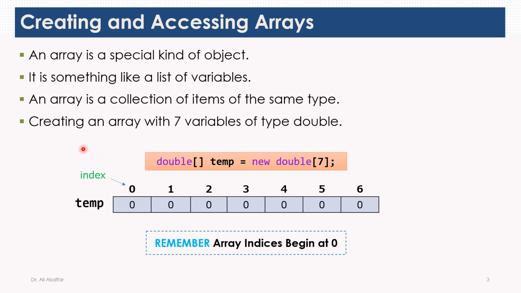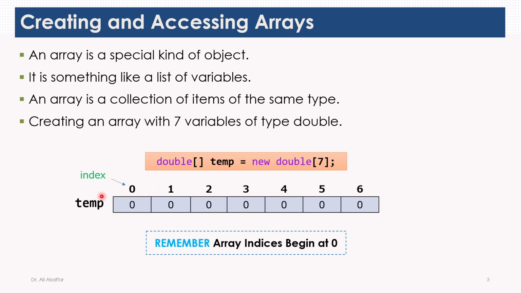This location is called an index. This is similar to strings. Remember that for strings, the first character was assigned index 0, the next one was assigned 1, and so on until the end of the string.